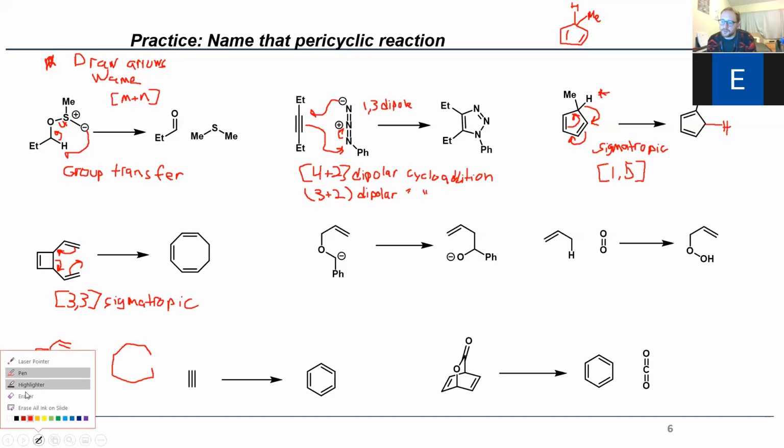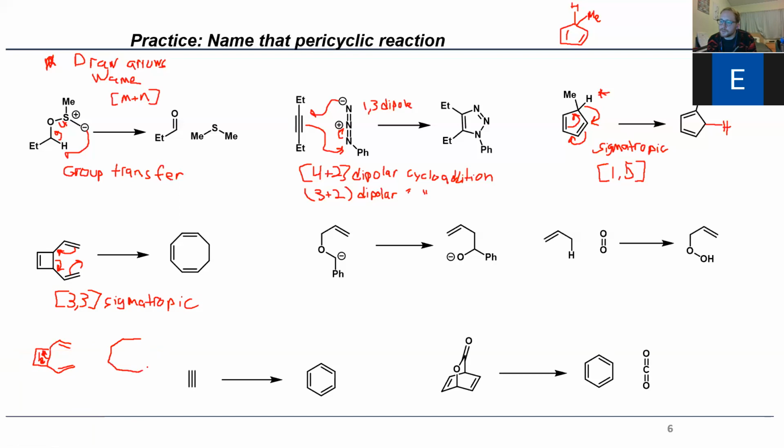Oh my goodness, it's very hard to draw 8-membered rings, apparently, or close to 8-membered rings with the PowerPoint highlighter. Okay. It would get you to a product that looked like this, and this could do an 8 pi electrocyclic ring closure. Arrows that look like that to get you to your product. So this could be a 4 pi electrocyclic ring opening, followed by an 8 pi electrocyclic ring closure.